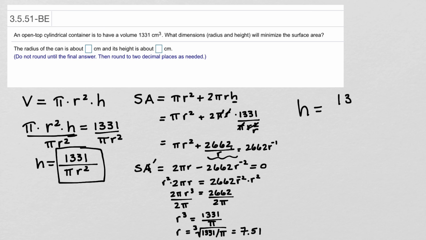So this is going to be 1,331 divided by pi times 7.51 squared. And again, I get 7.51. So that's how you solve that problem.